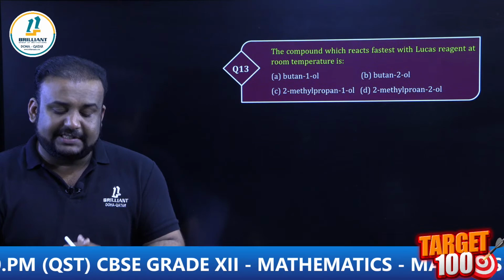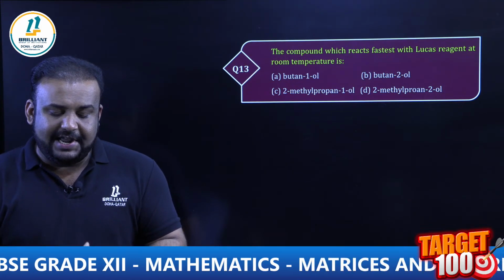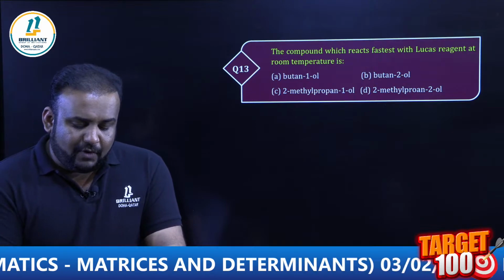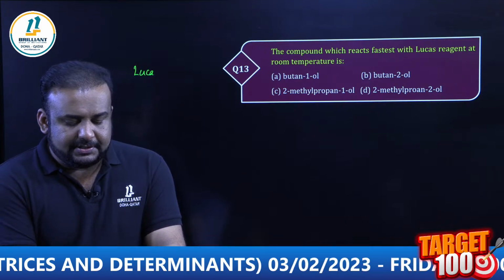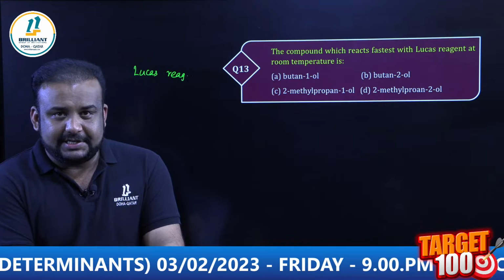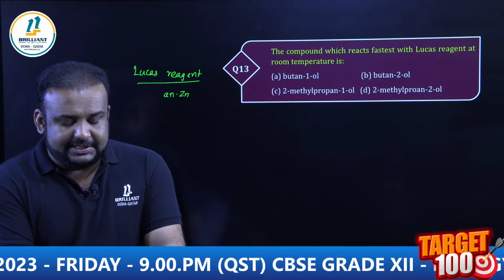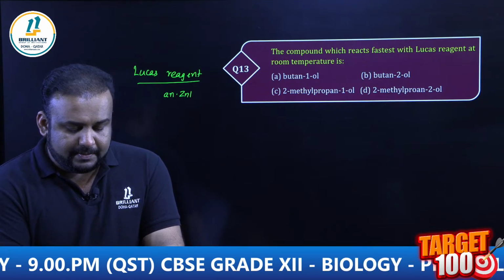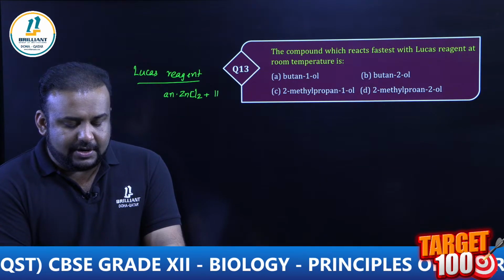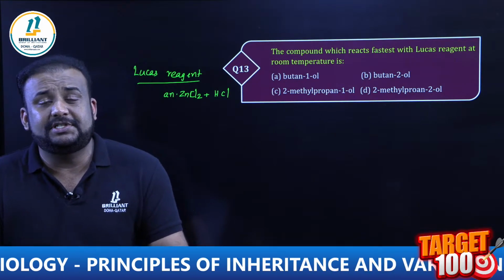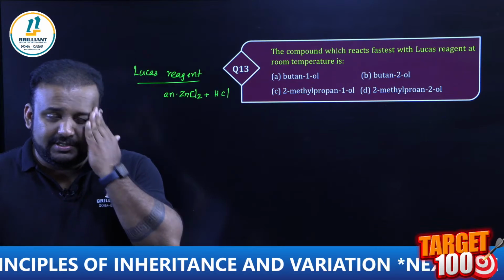The compound which reacts fastest with Lucas reagent at room temperature. Tell me everyone, what is Lucas reagent? Lucas reagent is anhydrous zinc chloride plus concentrated HCl. This is Lucas reagent, and you know that it is a test for distinguishing different types of alcohols, right?